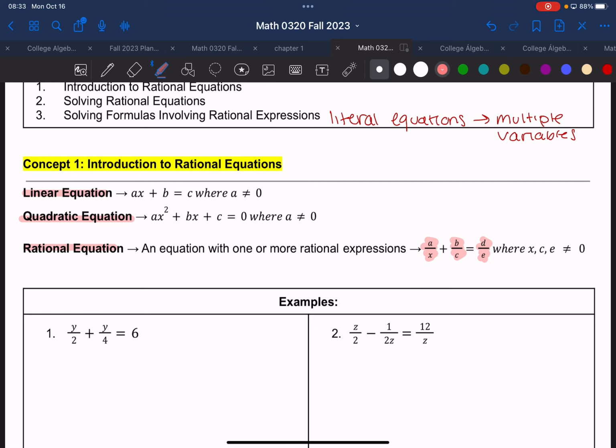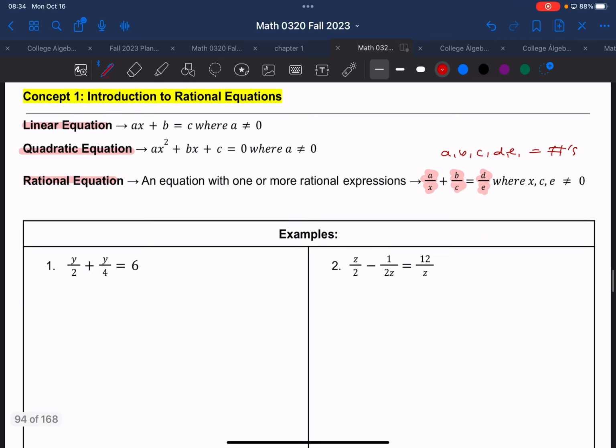A, b, c, d, e are whole numbers, and x is our variable. So in this case, we would be solving for x, getting x by itself.